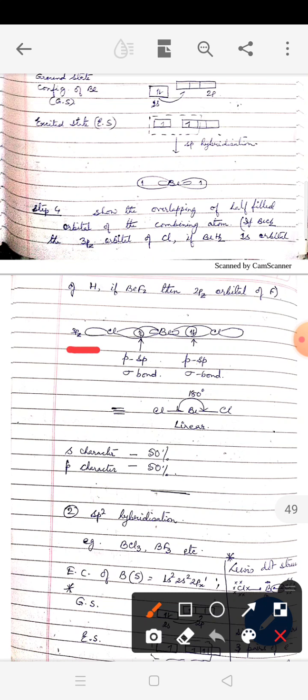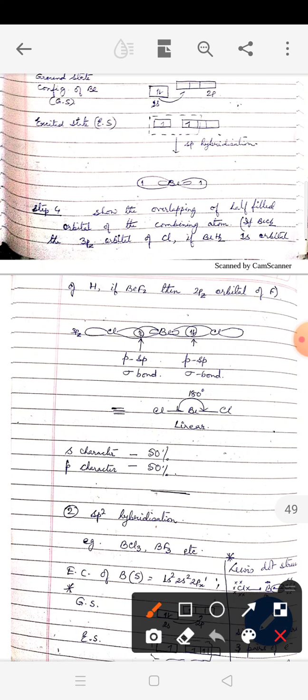So here you can see we have shown the overlapping of the chlorine p orbitals, and you may notice that these p orbitals, though they have two lobes, the two lobes are more or less of similar size. We are not so fussy about this shape, but here you have to be very careful: one lobe should be smaller, one lobe should be bigger.